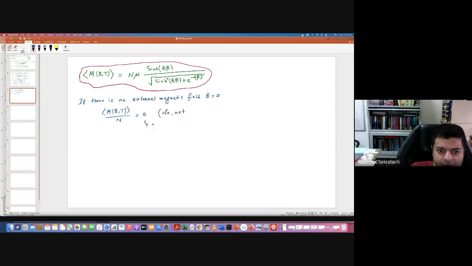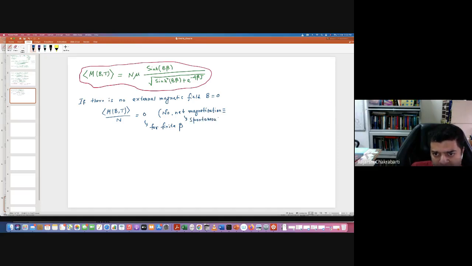This is for finite beta. You have assumed that beta is finite, no? Yes. So no net magnetization. This is actually called no spontaneous magnetization.